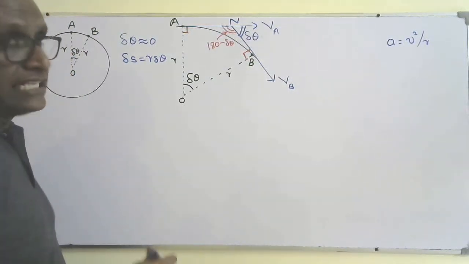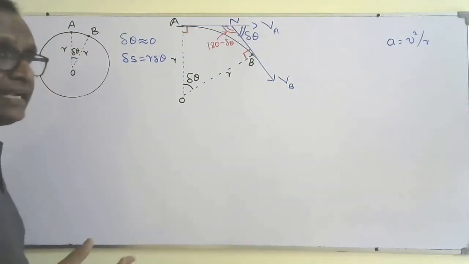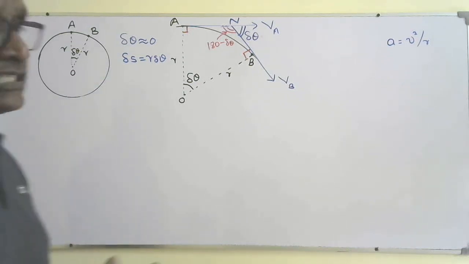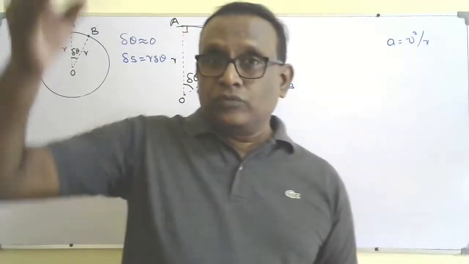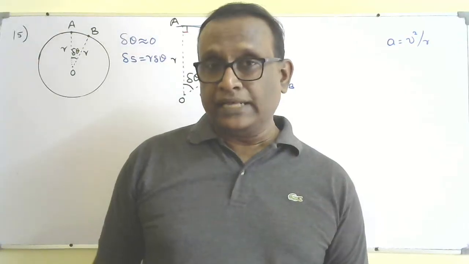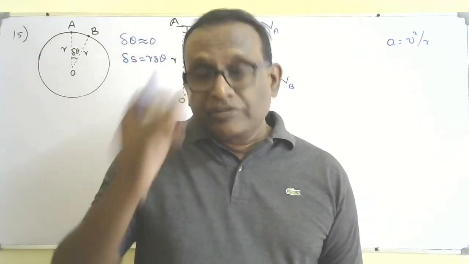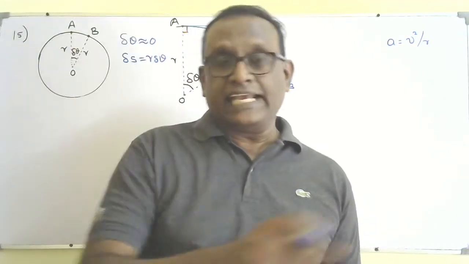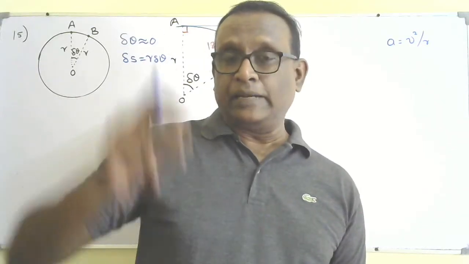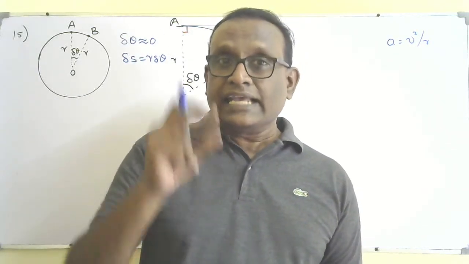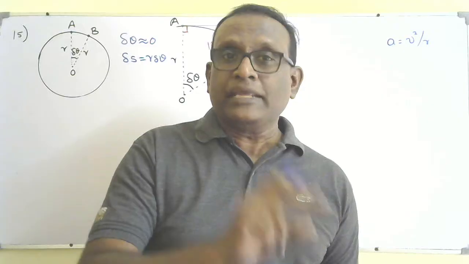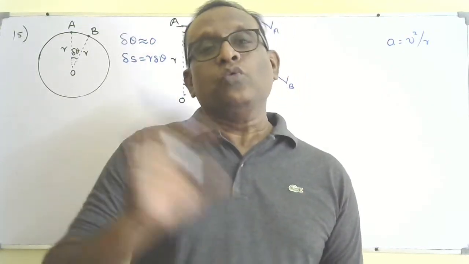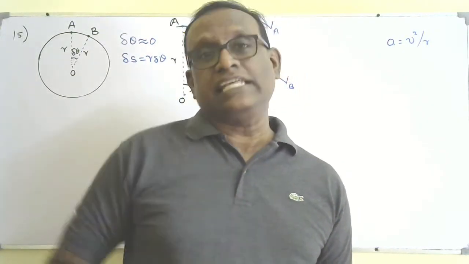So here they are saying it's moving at constant speed, because we can take, even if they are not moving at constant speed, as I explained earlier, when it is moving in a vertical circular path, even when the velocity is changing throughout the motion in the vertical plane, since we are considering point A and point B very close to each other, we can neglect the change in magnitude.